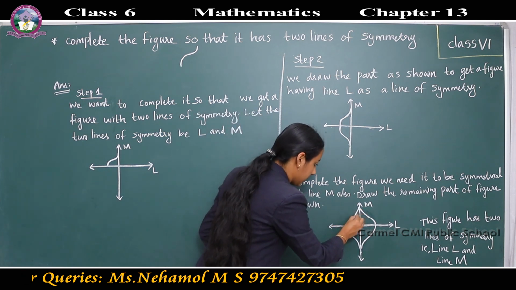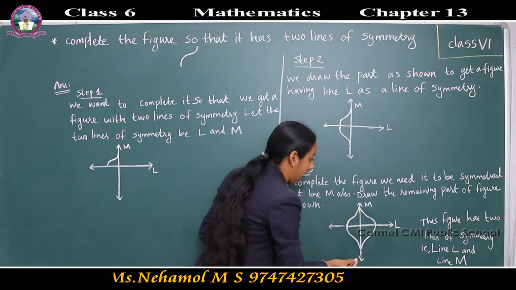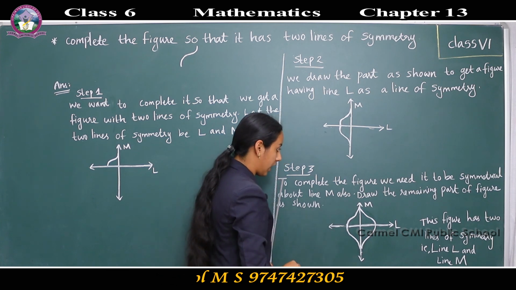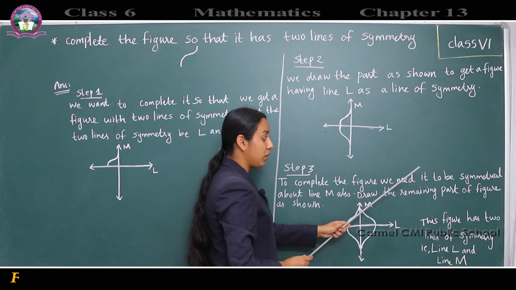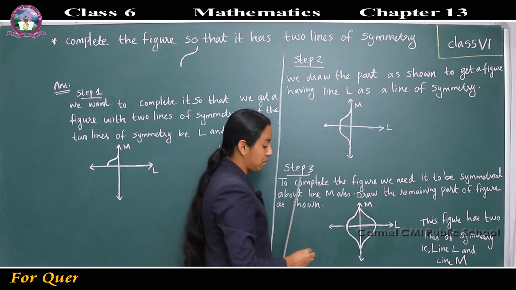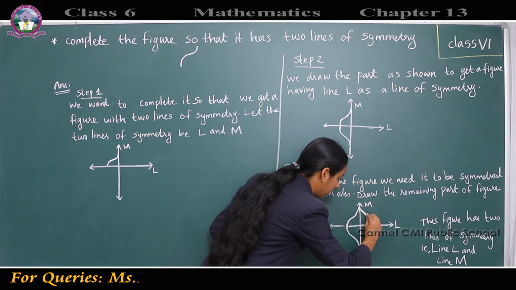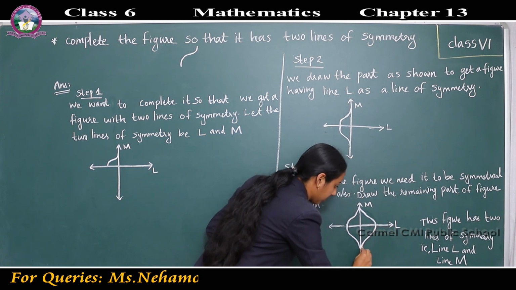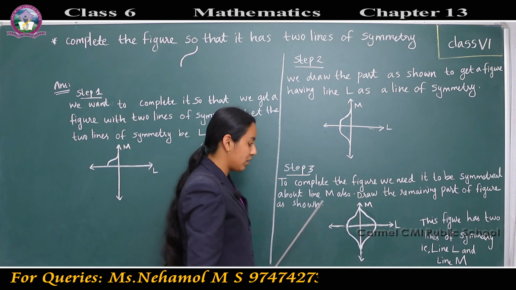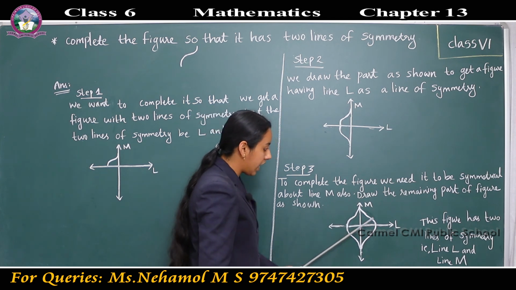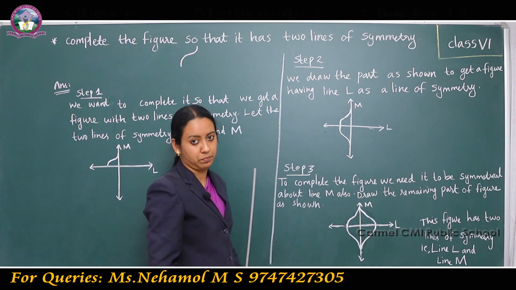So this is the part now, and we have to complete it so that the figure is symmetrical about line M also. So we have to draw this part. Then this figure has two lines of symmetry, line L and line M.